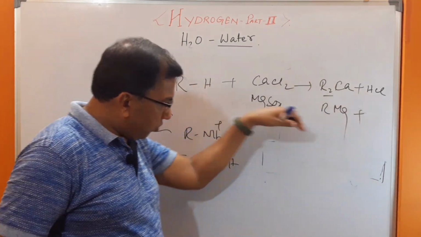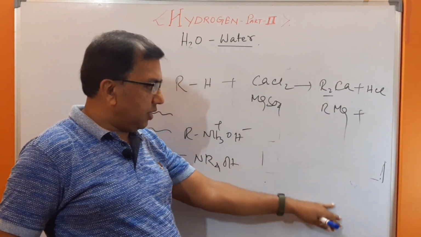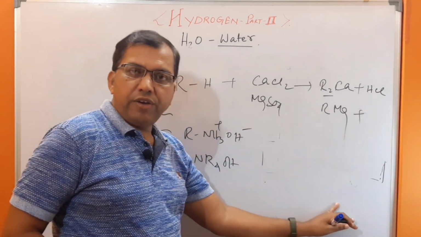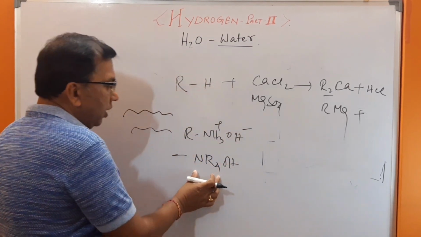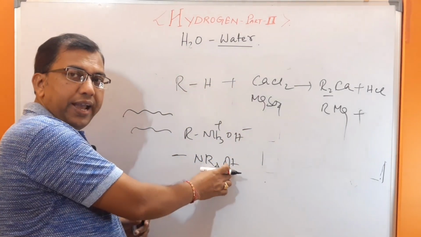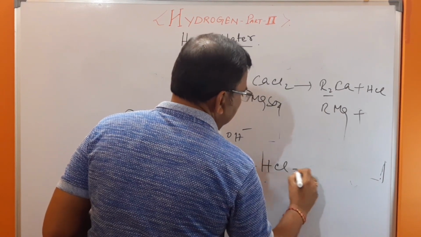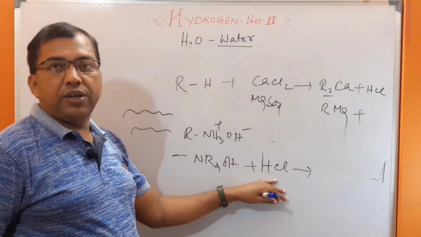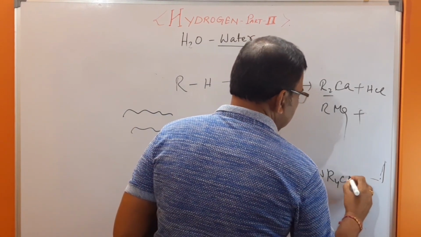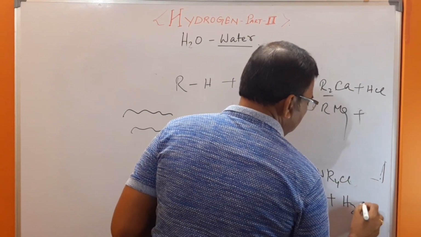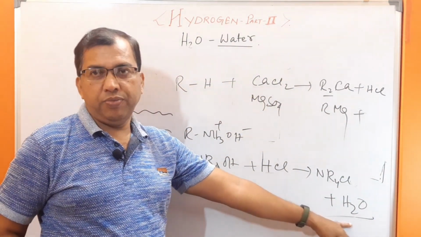So all the acidic water is transferred to the base analyzer. This is the second step, and this ROH, NR4OH, will act with this acidic water and react to give NR4Cl plus H2O, and this water is known as deionized water.